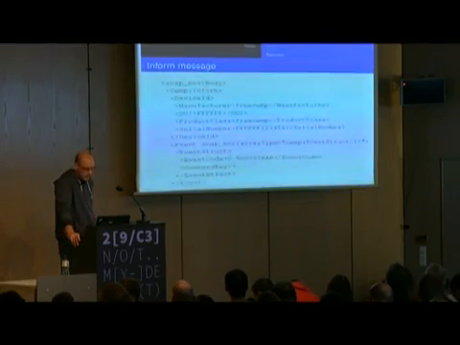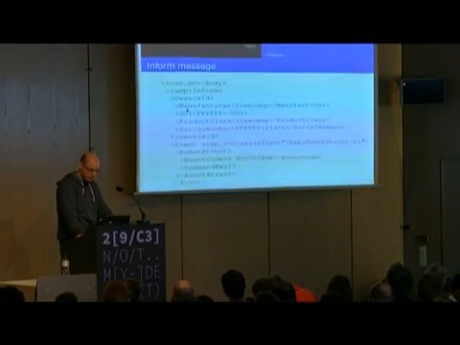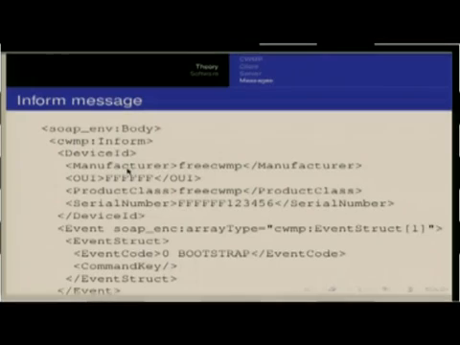Okay, so this is part of the XML message that CP sends. So you can see here, this part is different for every vendor, okay. So you have a manufacturer field, OUI field, product class, and serial number.